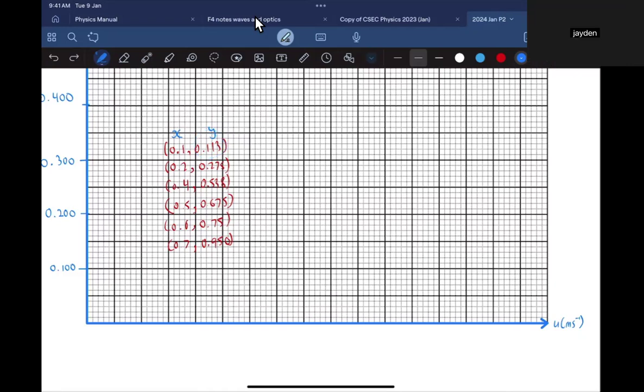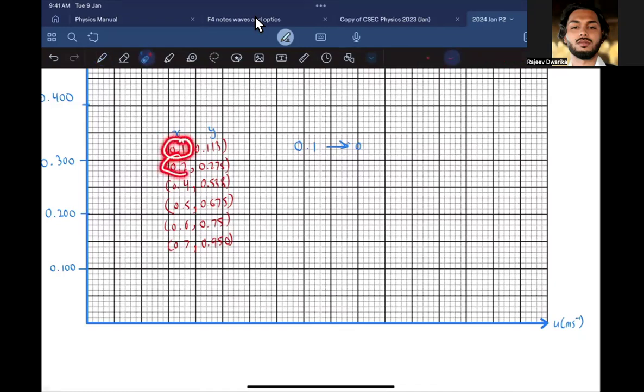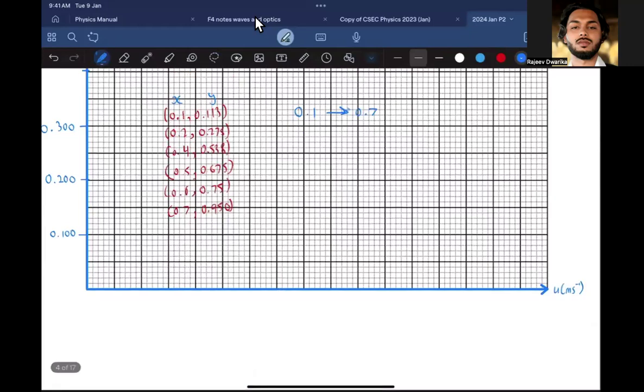Well, 0.1. We have an x value here, here, here, here. Out of all the x values, this is the smallest. What's the biggest x value? 0.7. Correct. So we have to go from 0.1 to 0.7. So could you think of a scale that I could use to take up more than half of the graph page?